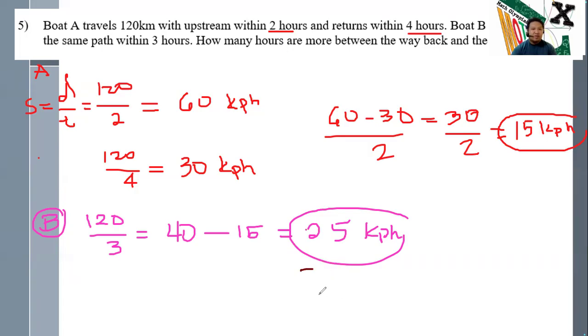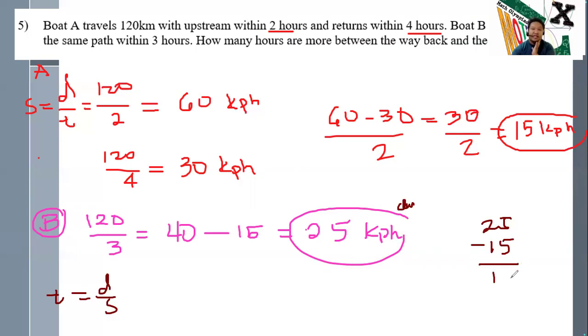So as you can see, 120 divided by 10, because again, for this case, we'll try to find out the time, and time is equal to distance over speed. So when we subtract, 25 minus 15, because that's the speed of the water, upstream the speed of the water will be subtracted from the speed of the boat if you're against the stream.